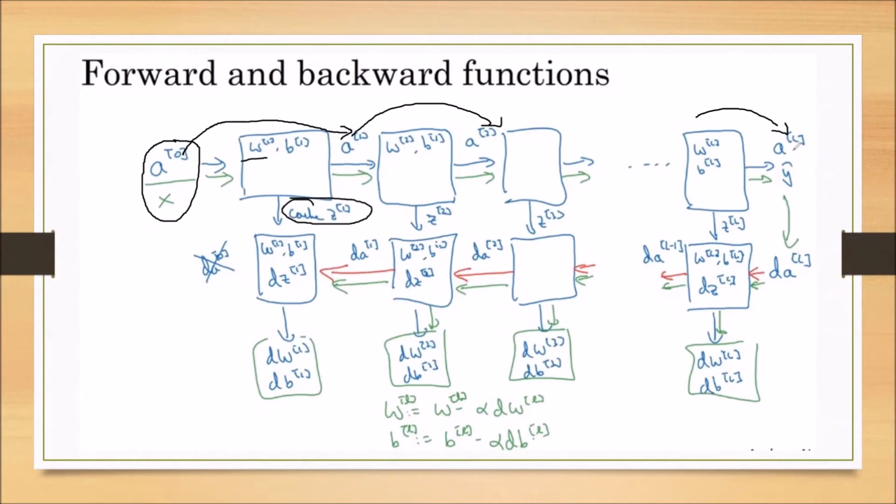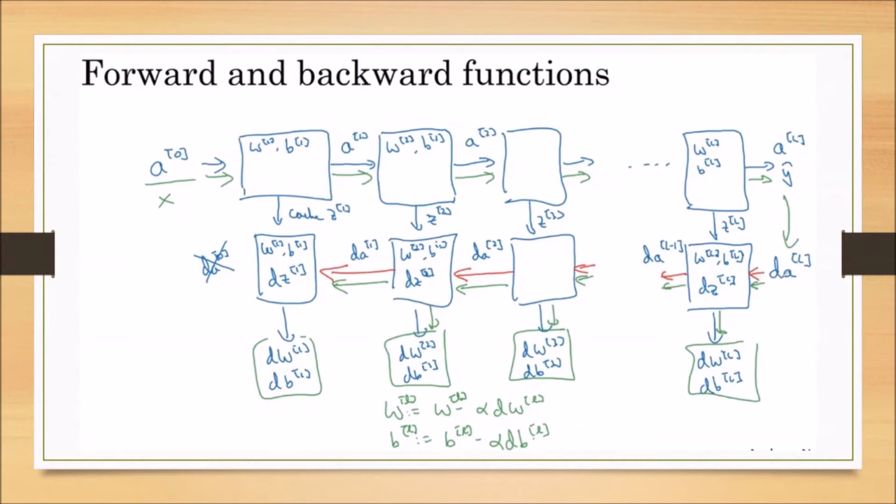By using this A[L], or Y hat, the predicted output, we have calculated dA[L]. dA[L] is nothing but the differentiation of the loss function with respect to A, so dA[L] is nothing but dou L by dou A[L]. This is what we have calculated. And by using this dA[L], we are calculating dA[L-1].